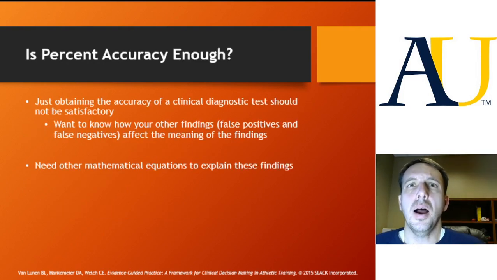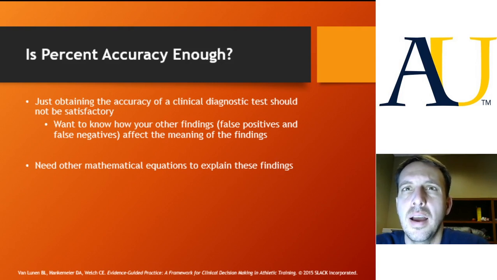All right. The problem with accuracy is we only get to the point of the overall effectiveness of the clinical diagnostic test that we're looking at. But in reality, we have a patient that has a positive or negative finding from this test. So we're really most interested in how accurate this clinical test is for individuals with that same test finding.